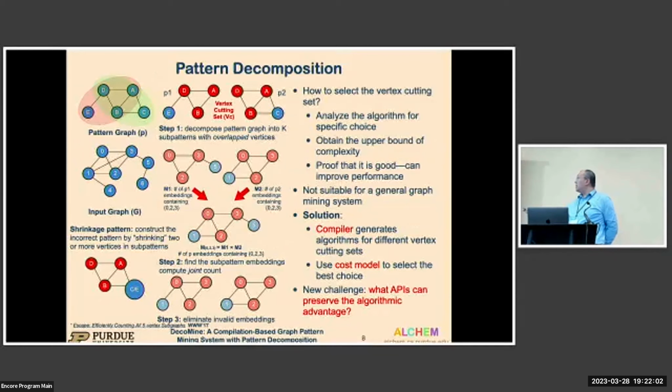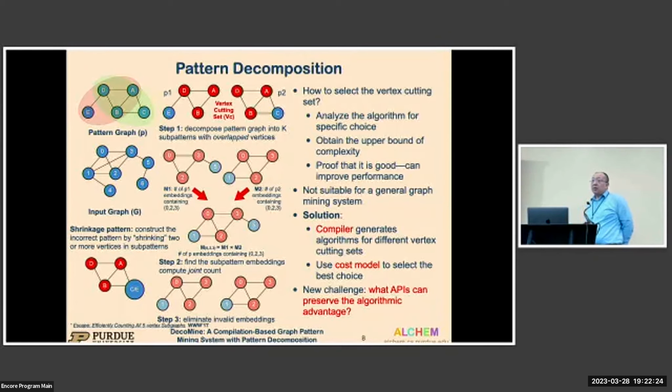Here you can see that the two subpatterns share 3 vertices, and it's an overlapping area. Then you can match the smaller subpatterns. Here are 2 examples of embeddings for the subpatterns.